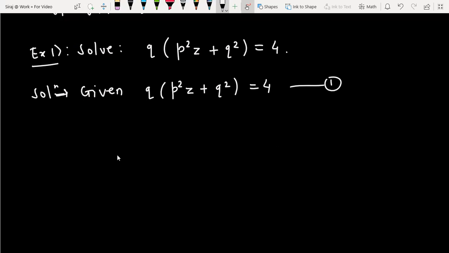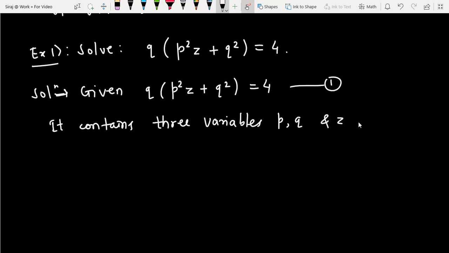And clearly we can see here, the given equation contains 3 variables, p, q, and z.